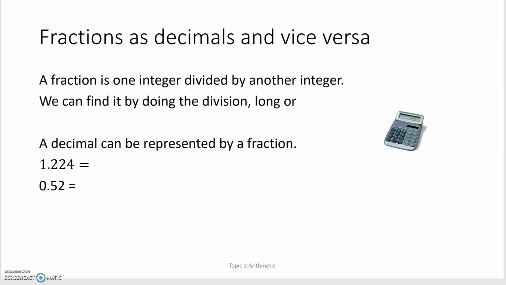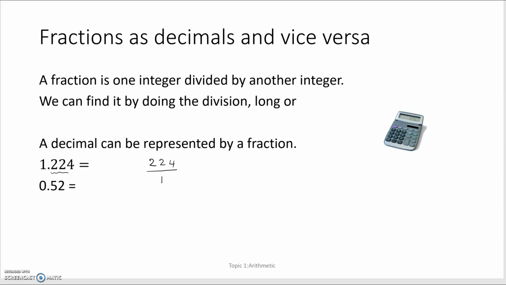Now, a fraction is just an integer over another integer, and you can use long division or you use your calculator. We've got an example here of 1.224. What we need to do is we'll write down the whole thing as a decimal over 1.